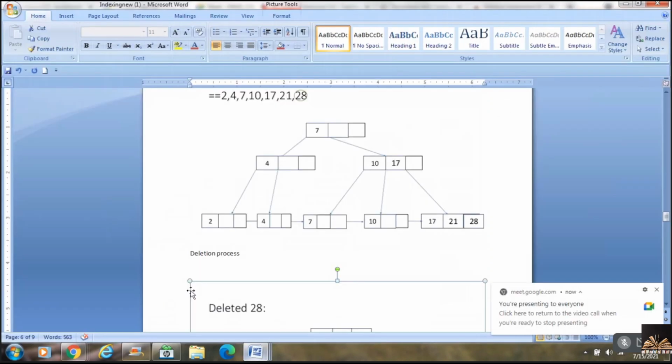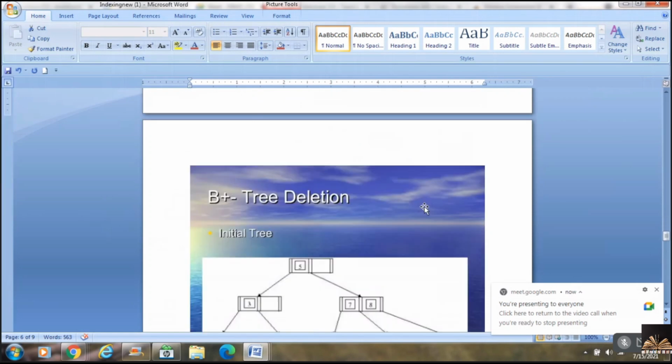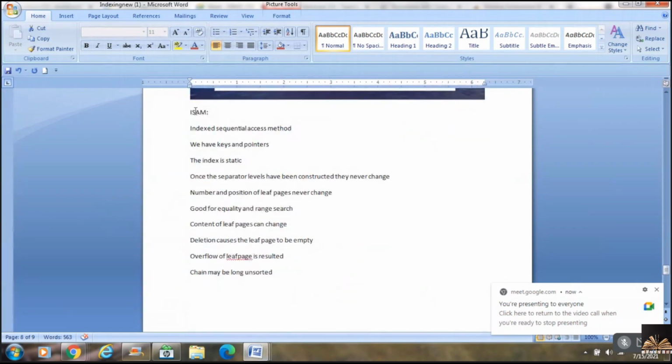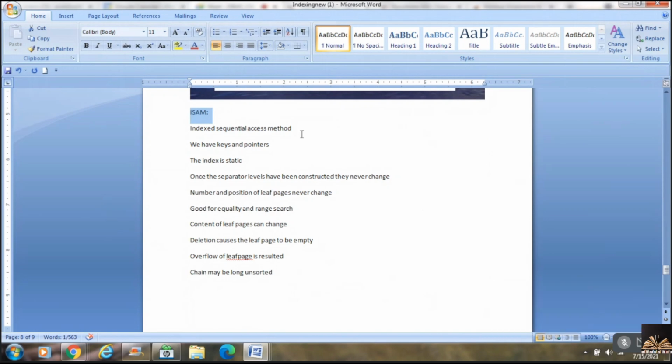Now next, we have the concept of ISAM. ISAM is the Indexed Sequential Access Method. In this also, you have the concept of keys and pointers. But the main difference between your B plus tree and ISAM is that the ISAM structure is static.